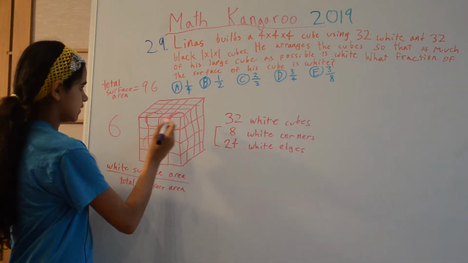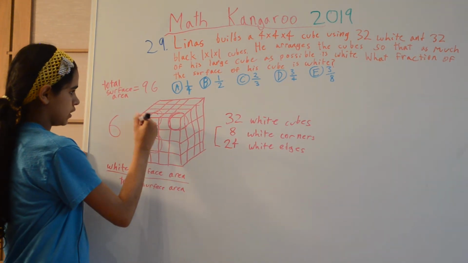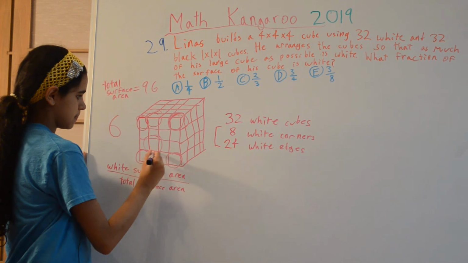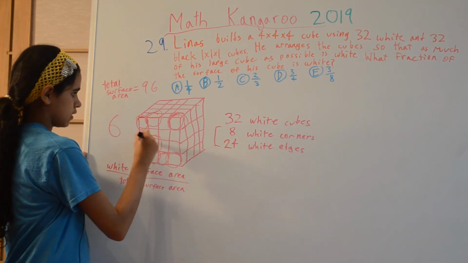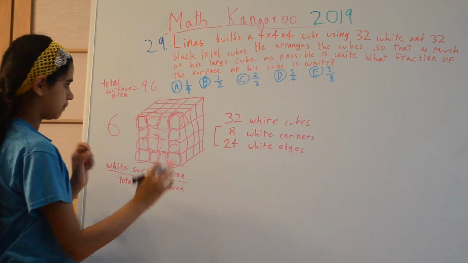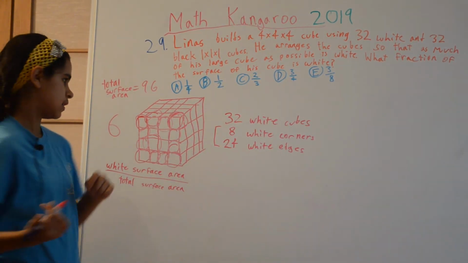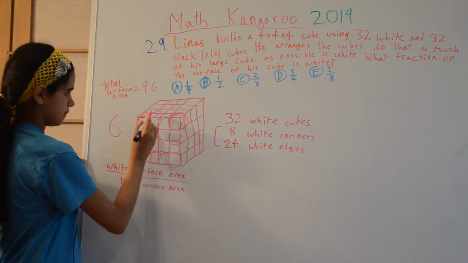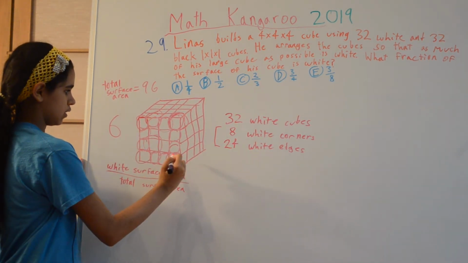If we look at this face, for example, this is a corner, and these are corners. All of these are going to be white. These two are edges, these two are edges, these two are edges, these two are edges, and these 4 are the corners.